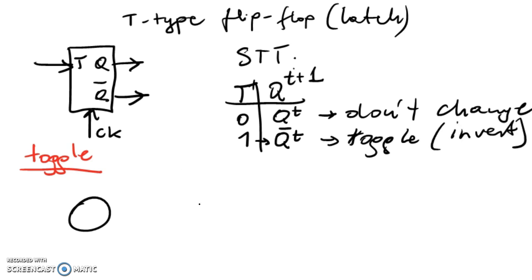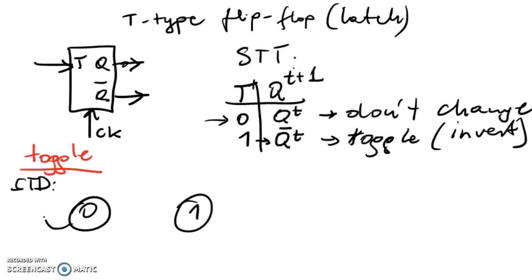And the state transition diagram, STD, is the following: two state values, 0, 1 for Q, this signal. If you have T equal to 0, you'll get the same. So you've got the self arrows, the closed ones. So 0, a single bit is here because you've got only a single input.